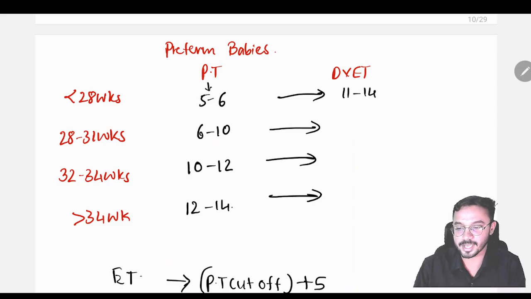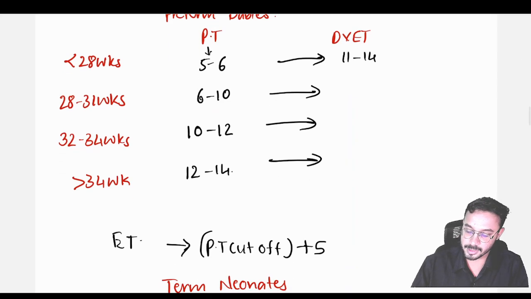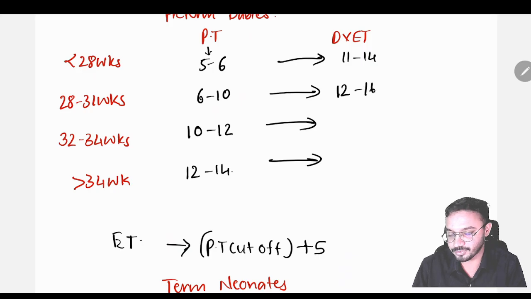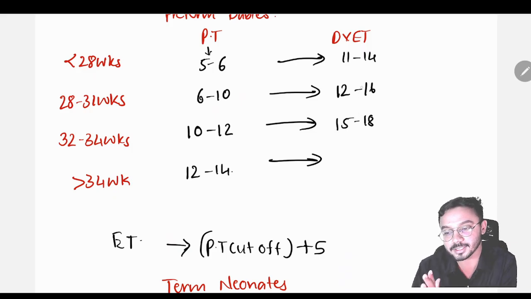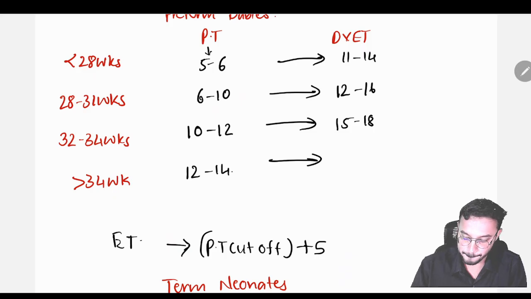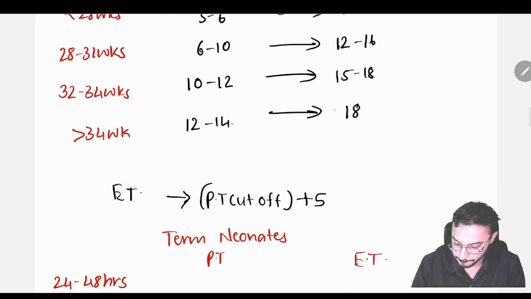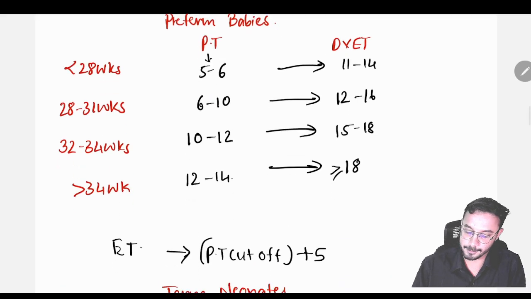So 6 plus 5 is 11, and likewise add 5 to the other values and you will get these values. For phototherapy, if you add 5, you will get the exchange transfusion values. So this is about preterm.